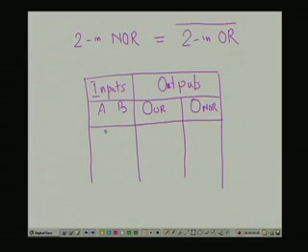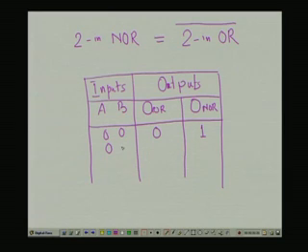Again you take those four values. If it is 0 0, the output for OR is 0. Now it is complemented or inverted, so NOR will be 1.